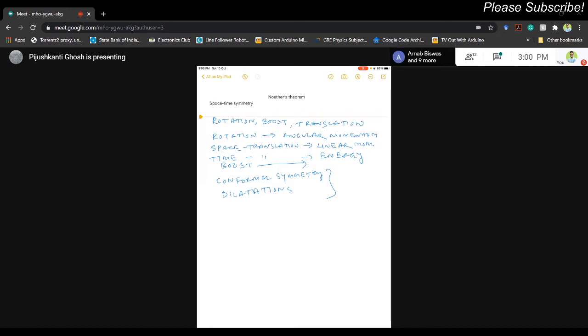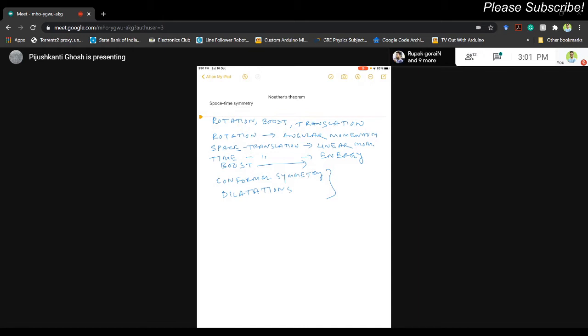So search it, but it's not very common, because whenever you learn rotation, angular momentum, space translation, linear momentum, time translation, energy, these are very common things, and your teachers repeatedly say that. But boost is also a symmetry for the field theory, so there must be some conserved quantity. What is that conserved quantity?